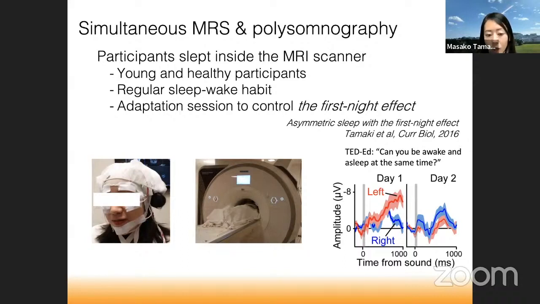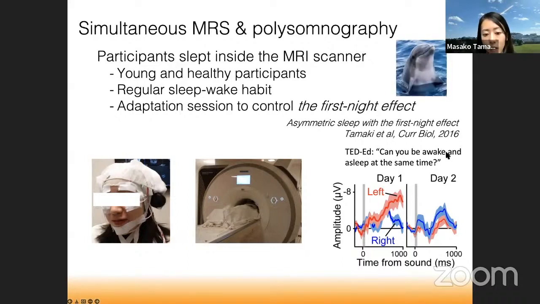We actually had a chance to work with TED-Ed, and they kindly made a video on YouTube, "Can you be awake and asleep at the same time?" It's really interesting, so please take a look when you have a moment. We wanted to control this first night effect because we don't want to see asymmetric sleep like in marine mammals and birds.